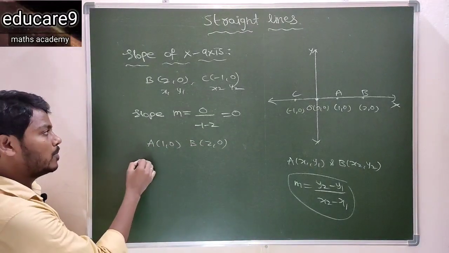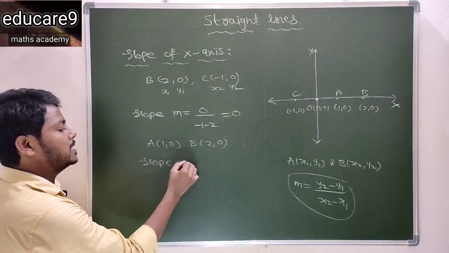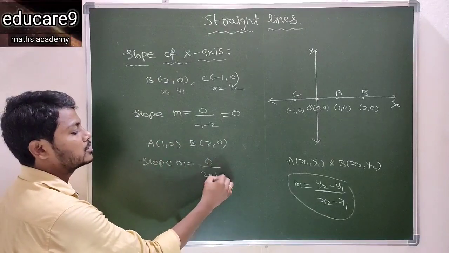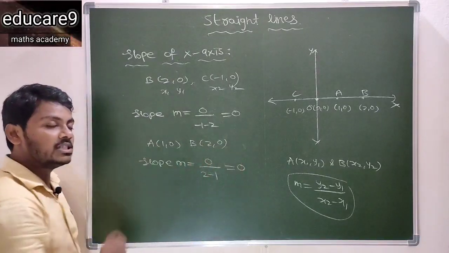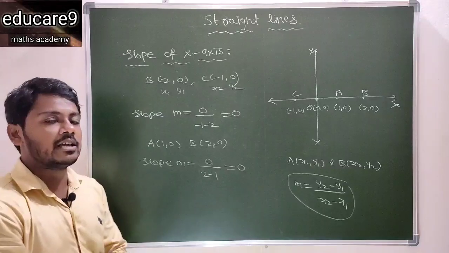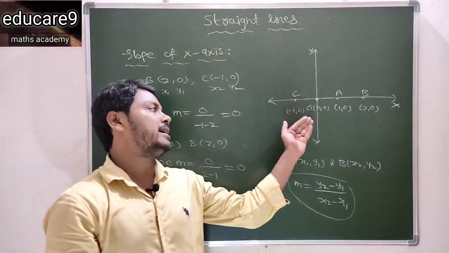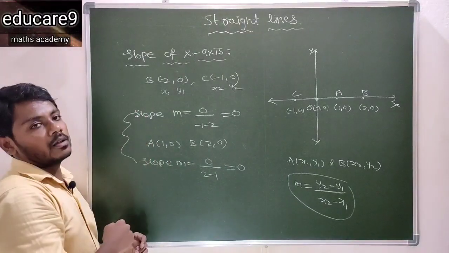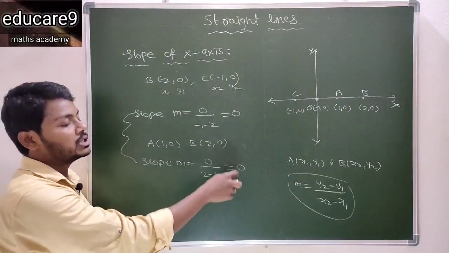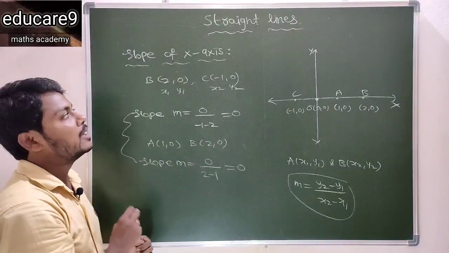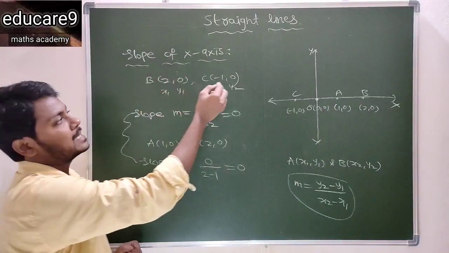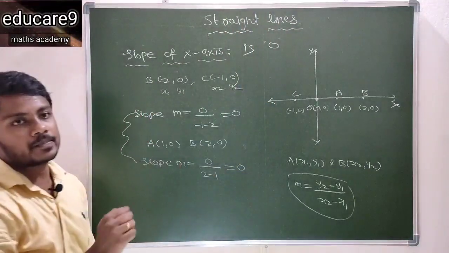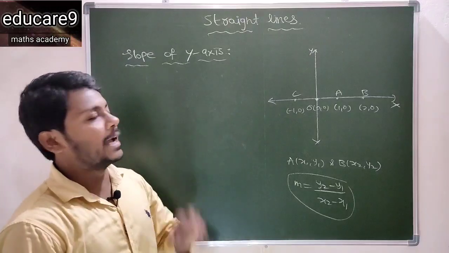So find their slope. Slope m is equal to the difference of y coordinates, 0, by the difference of x coordinates, 2 minus 1. Again you will get 0. So from this you can say that if you take any 2 points on x-axis, then clearly the slope of the 2 points is 0 only. So therefore the slope of x-axis is what? 0.